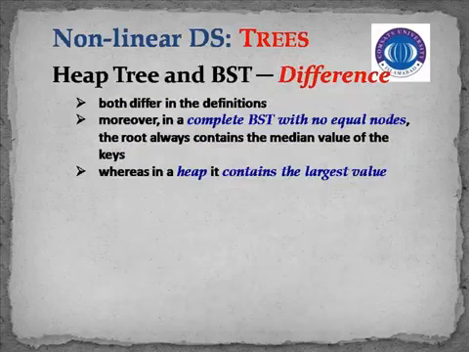Ladies and gentlemen, the heap tree and the binary search tree not only differ in the definitions but also the contents of the key values, such that in a complete binary search tree with no equal nodes, the root always contains the median value of the keys, whereas in a heap it contains the largest value.